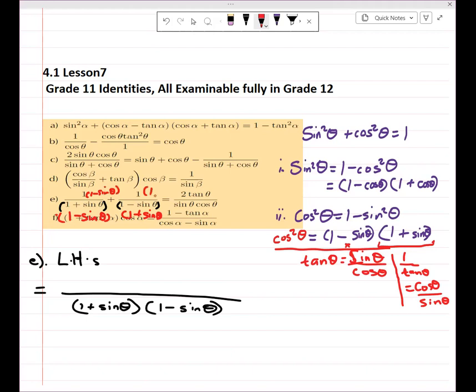Here I'm going to multiply with 1 plus sine theta. And then it's just 1 times 1, it's 1. 1 times negative sine theta is negative sine theta. 1 times 1, it's 1. 1 multiplied by positive sine theta, it's positive sine.